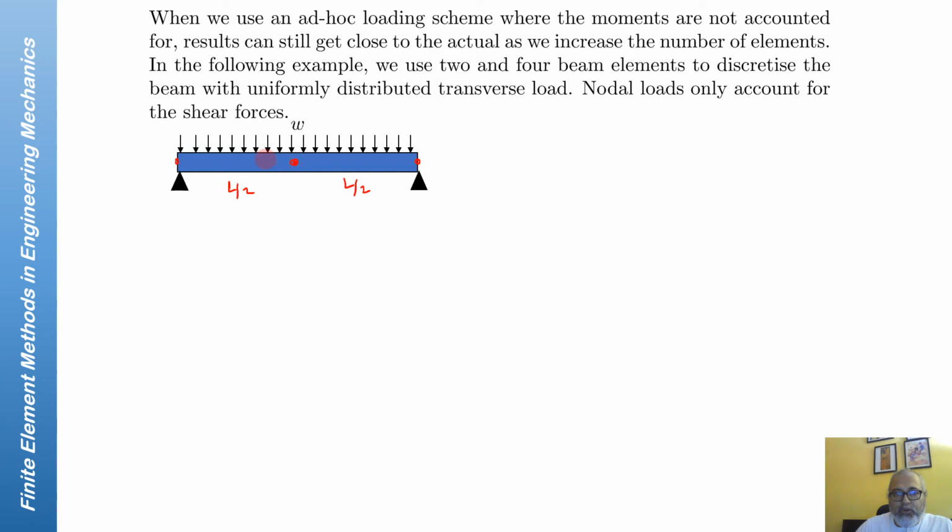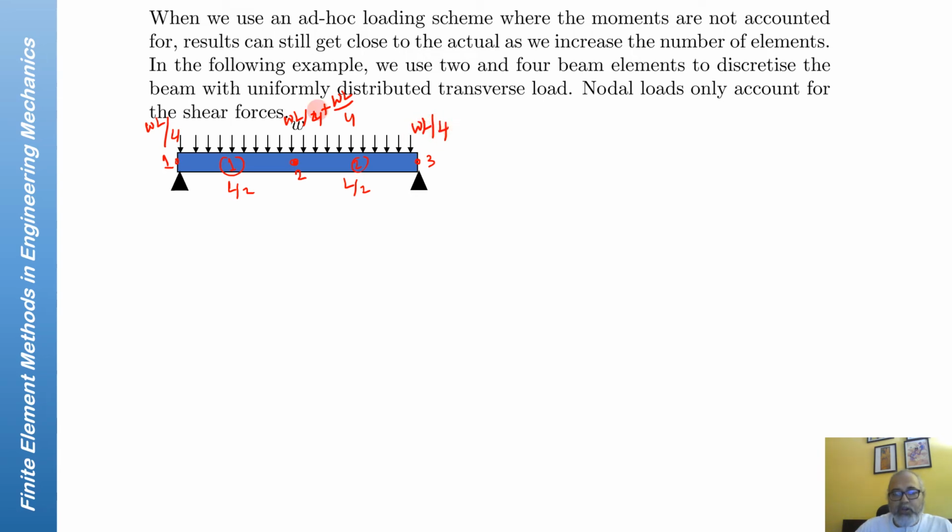So this is element number 1, and this is element number 2, with nodes number 1, 2, and 3. For element number 1, I will put WL by 4 here and WL by 4 here. For element number 2, I will put WL by 4 here and WL by 4 here.